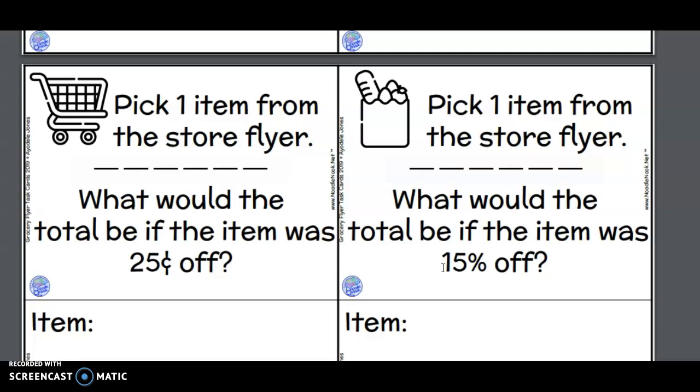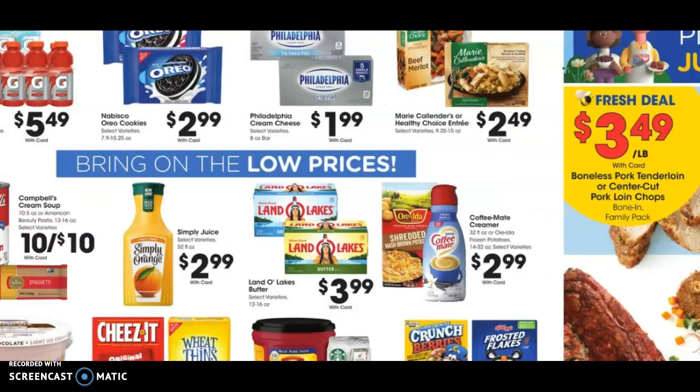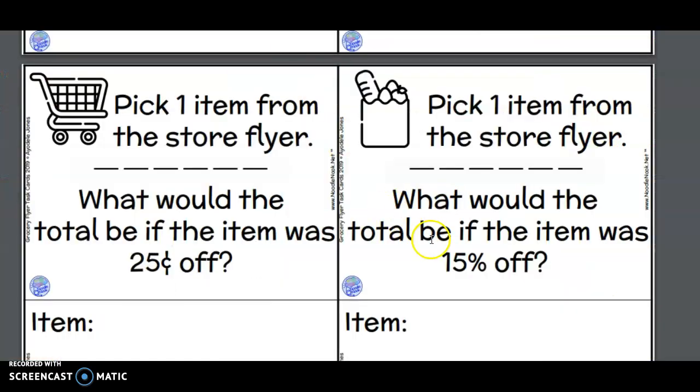So when you're putting it in the calculator, the butter was $3.99, and you're taking that times 15%. So in your calculator, you're going to put 3.99 times 0.15.